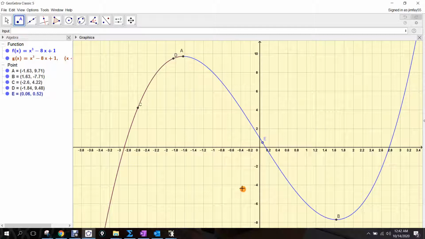Okay, so the idea about slope on curves is that they are ever changing. They're always different depending on where you are located. And part of calculus is understanding and analyzing that.